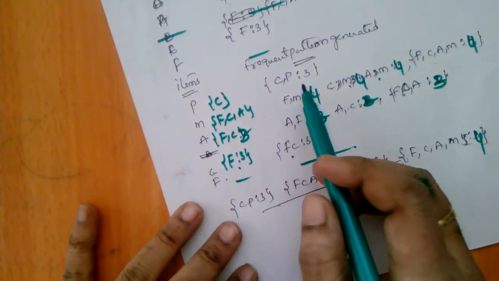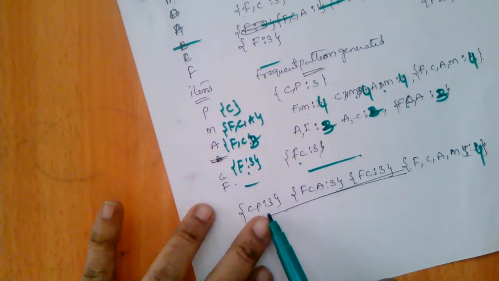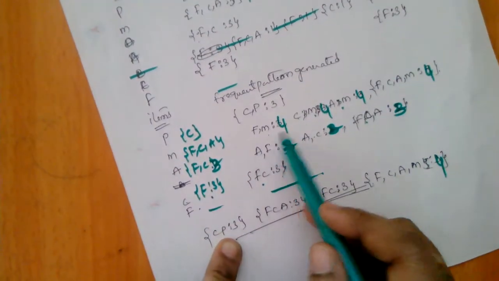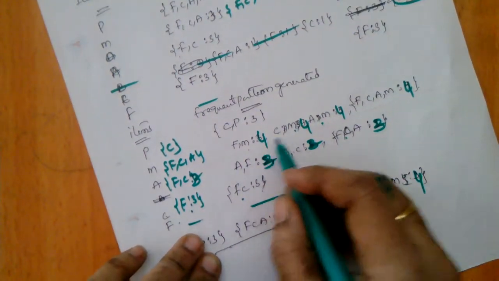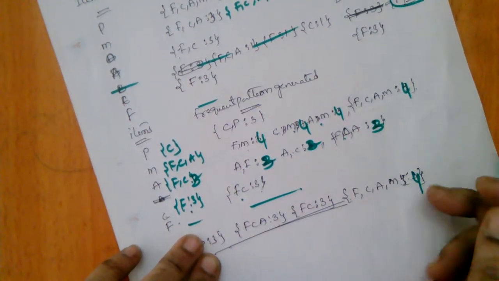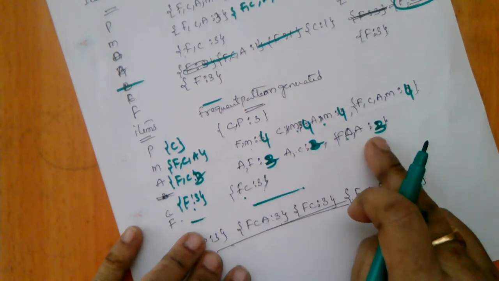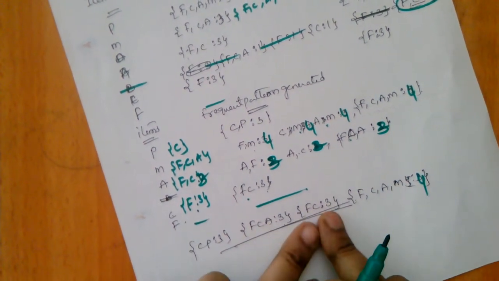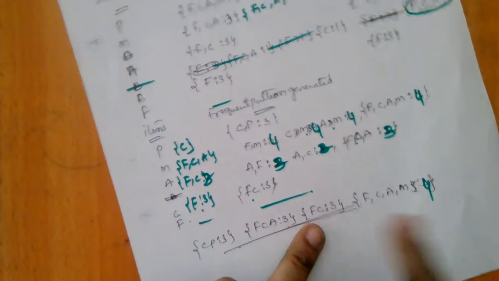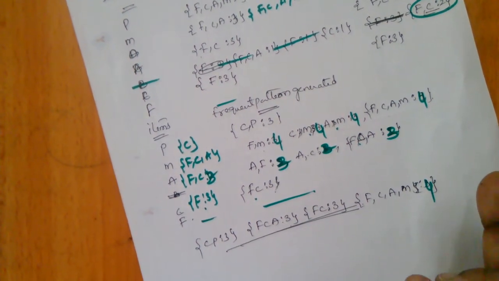Okay, now what frequent patterns do we get? CP, FM, that is FCAM 4, okay, and here FCA 3, okay, and FC 3. Okay, these are frequent patterns.